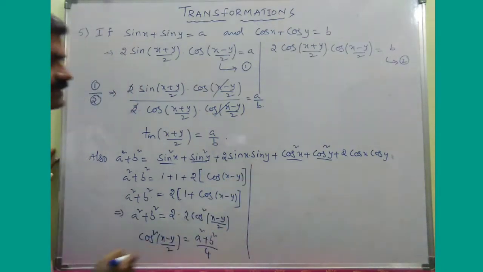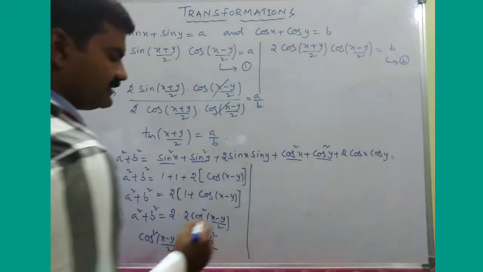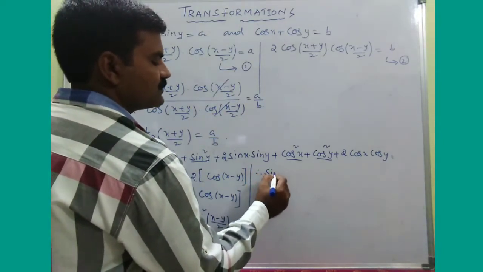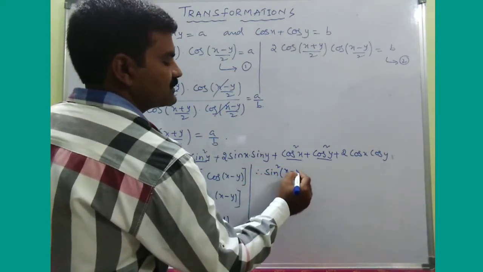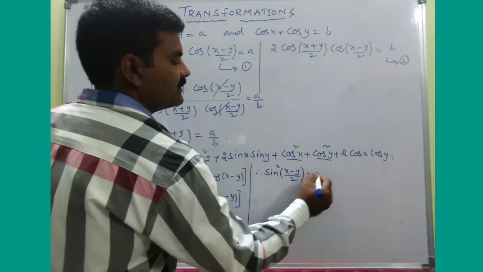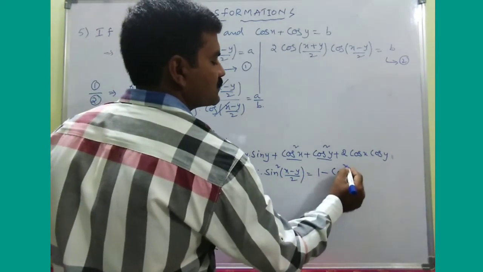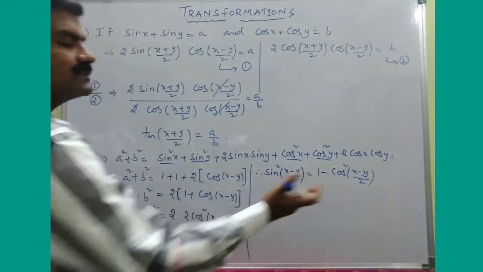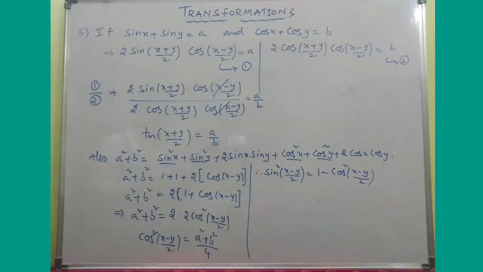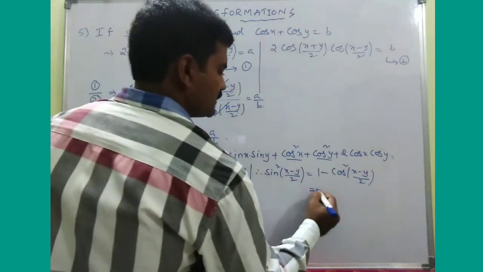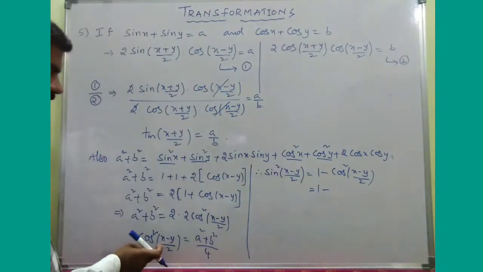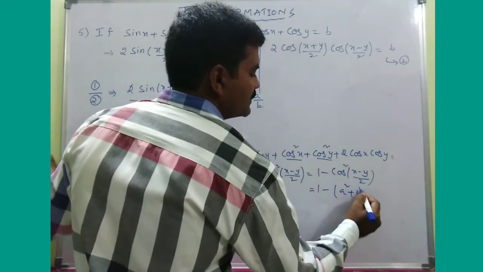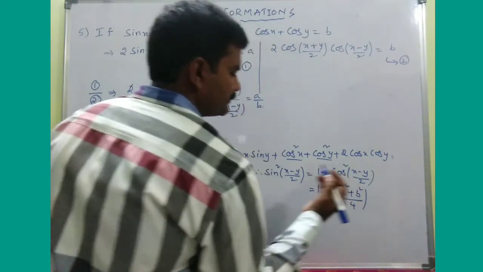But we want sin square, isn't it? Therefore, let us find sin square of (x minus y) by 2, which can be written as 1 minus cos square of (x minus y) by 2. Isn't it? Sin square theta is equal to 1 minus cos square theta. That is 1 minus, this value is nothing but (a square plus b square) by 4.